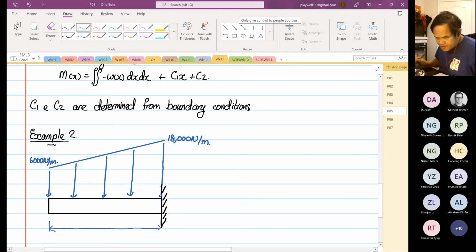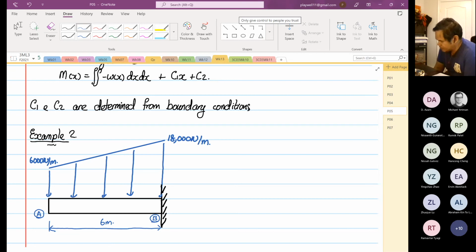This distance is 6 meters. Point A and point B. So we want to find the shear force and bending moment equations and the diagrams.